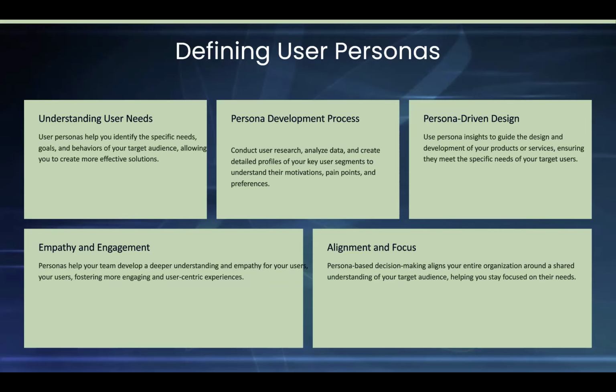So, when you understand the user needs, understanding user need helps you to identify the specific needs of your target audience. If you have your target audience within the user personas, you're saying, okay, user A is a college student, user B is middle class, somebody that just started working, and user C is retired. So you have different demographics.